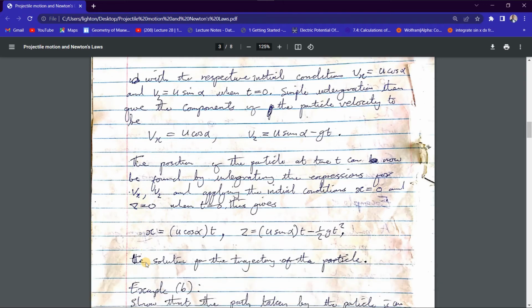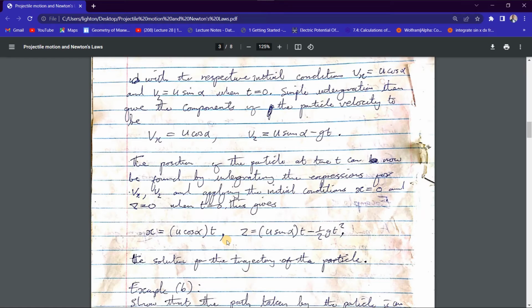So what are we saying? The position of the particle at time t can now be found by integrating the expressions for v subscript x, v subscript z, and applying the initial conditions x equals 0 and z equals 0. Okay, that is when t equals 0. And when you do this, you get x equals u cos alpha t, z equals u sin alpha t minus half gt squared.